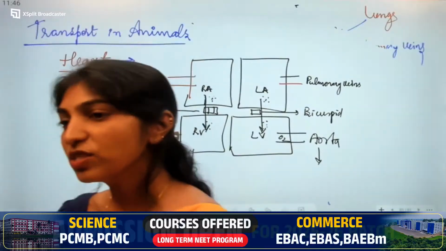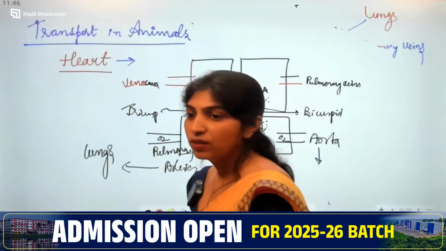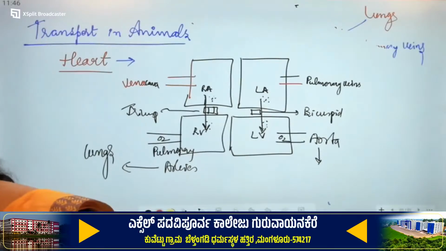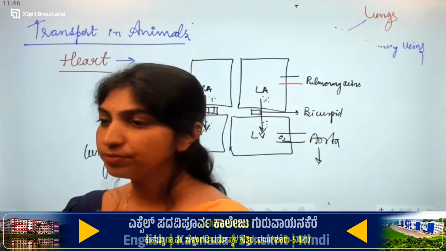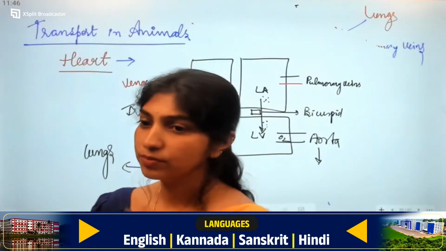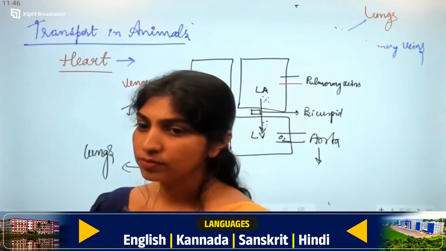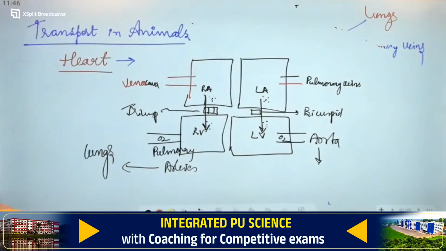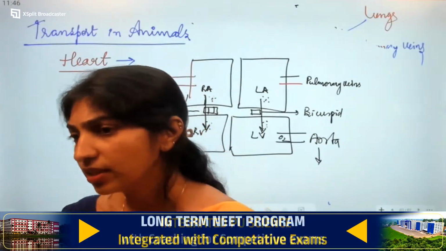Have you understood this much? Which concept should I repeat again? Carbon dioxide, pulmonary artery.